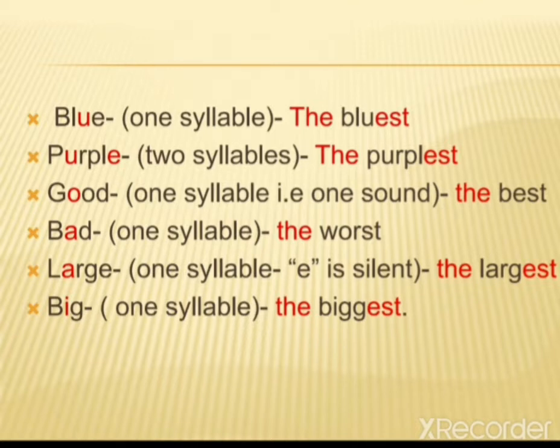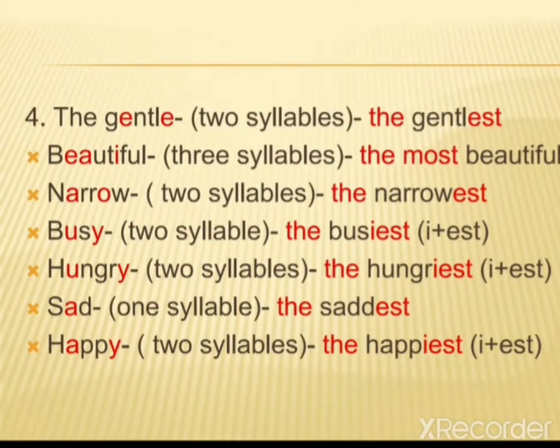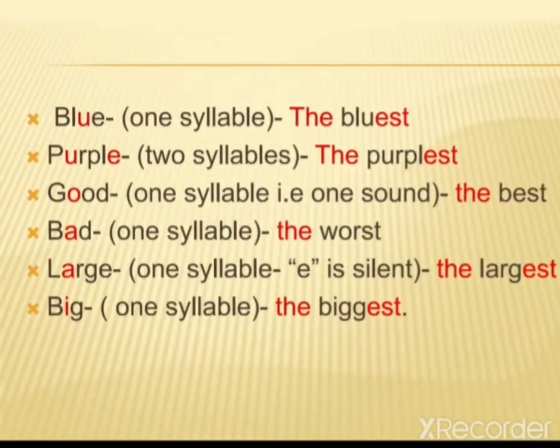Now this is how we have to figure out when do we use est and when do we use the most. This part is easy. If your word is small, small means short. A short word means a small word.